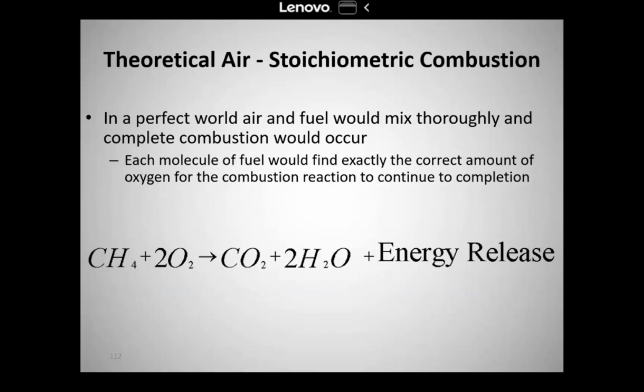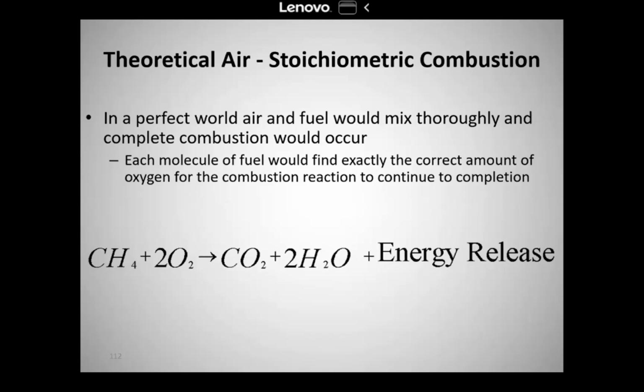So in a perfect world, we would get perfect mixing. So every place you had a methane molecule, you would have 2 O2 molecules right there, and they would just do that little combustion thing, and life would be perfect. Problem is, we just don't get perfect mixing in the real world.